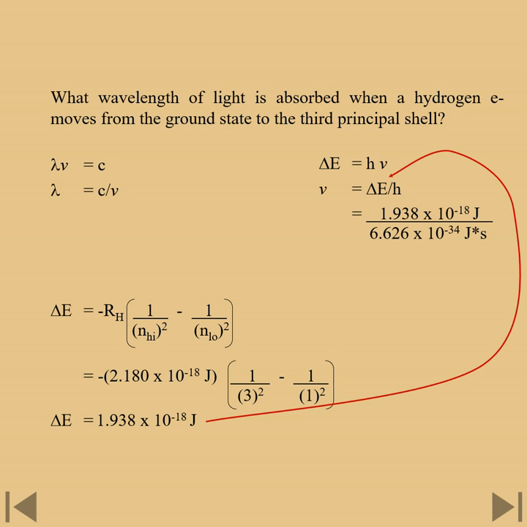Okay, plugging in this energy, dividing it by Planck's constant. Note how the units of joules cancel, leaving us with the appropriate units of reciprocal seconds.